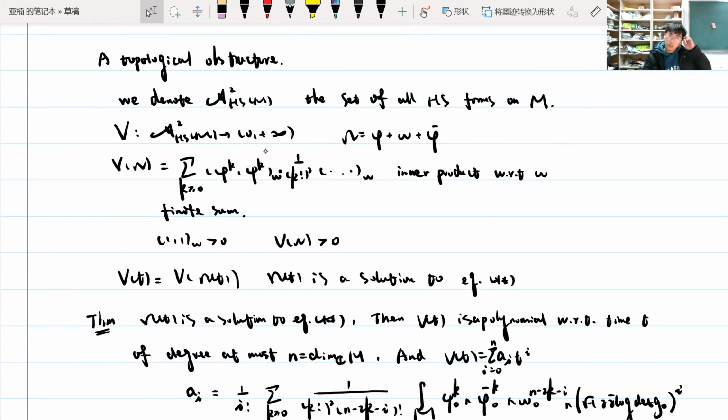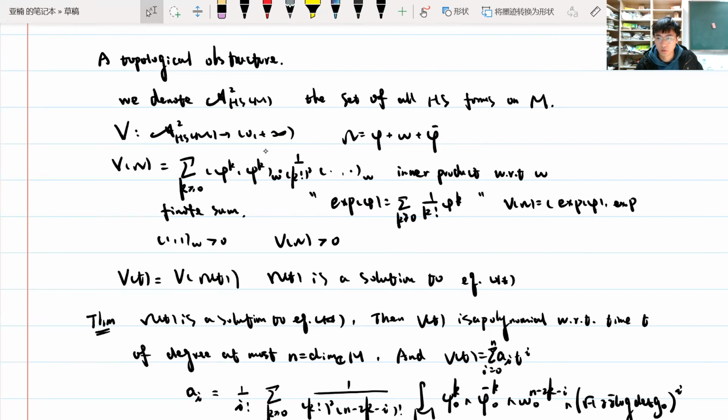Formally, if we define the exponential function of a 2-form, formally it will be just like the exponential. Sorry, here I forgot the coefficients.